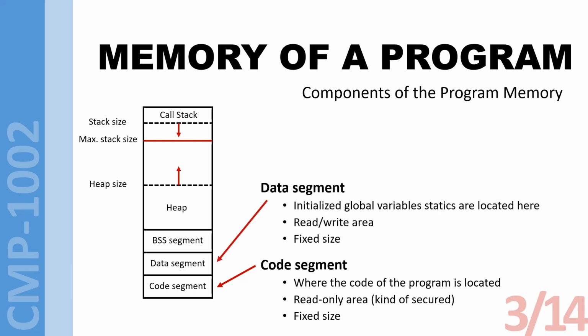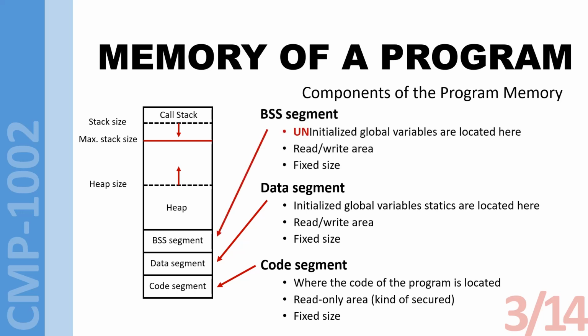The data segment is where your initialized global variables, constants, and statics are located. This is a read-write area, so the values of these global variables may change based on your code during the lifetime of the program. Similar to the code segment, the data segment also has a fixed size. The third part, the BSS segment, is very similar to the data segment.